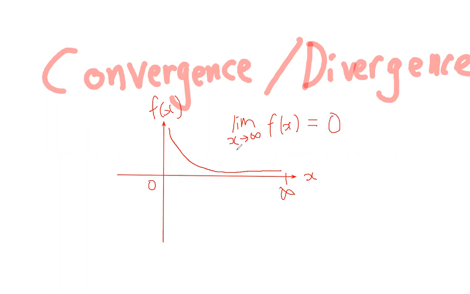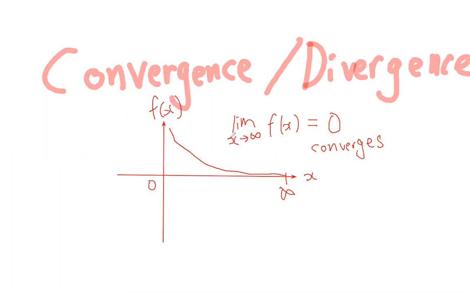When it goes to infinity, it is almost like 0. It approaches 0 but does not touch it, just nearly touching it. When the function focuses at one point, we say this is called convergence.